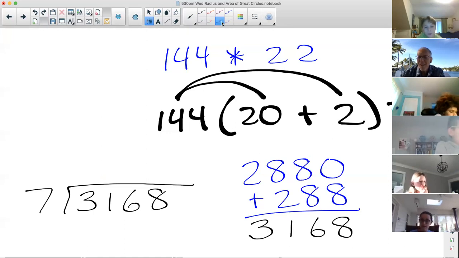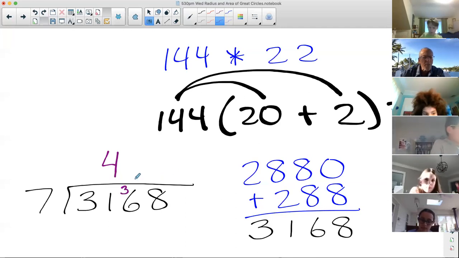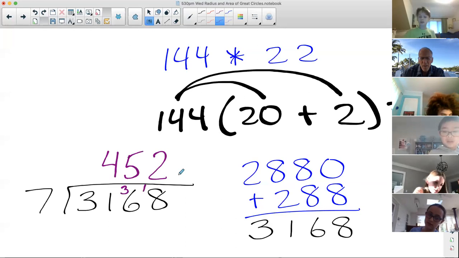Wait, should I say what I got out loud? I'd like you to say 7 goes into 31 4 times. You have to always say the remainder as you say it. Remainder of 3. Keep going loud enough for everybody to hear. 7 goes into 36 5 times with a remainder of 1. And then 7 goes into 18 twice with a remainder of 4 over 7.